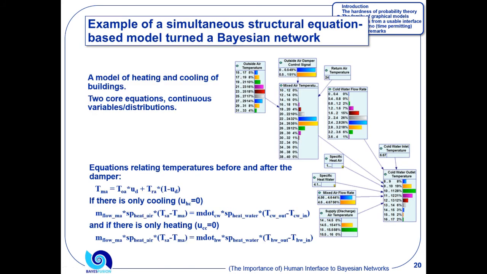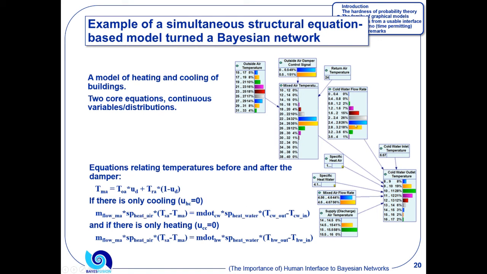Here's one implication. Here is a system of simultaneous equations that composes a model of heating and cooling of buildings. There are two core equations represented by this and this variable, and a number of exogenous variables specified by continuous probability distributions.